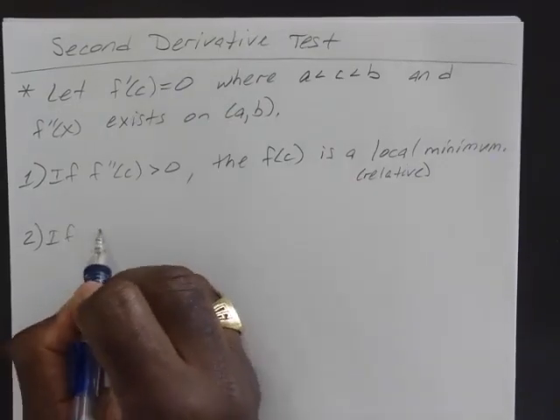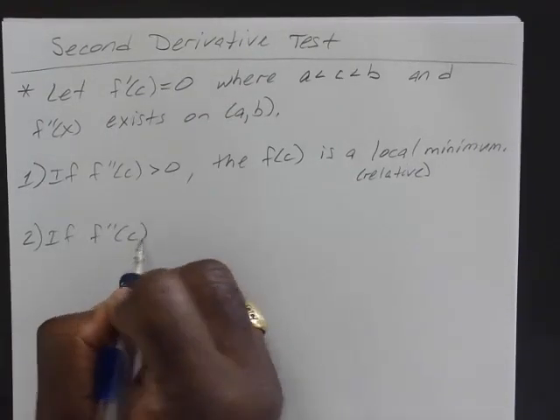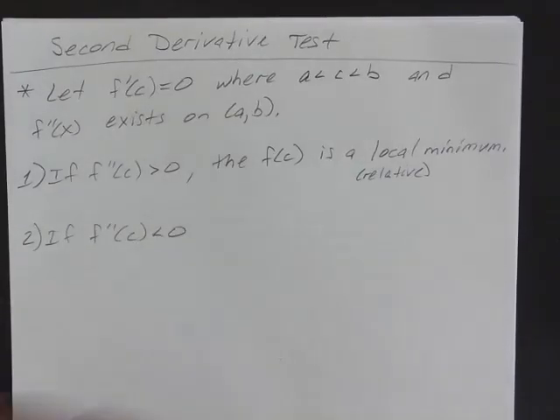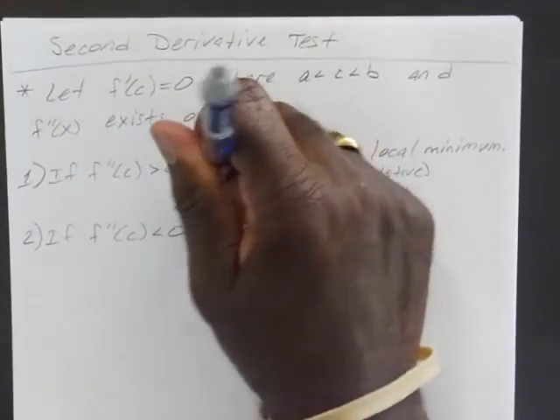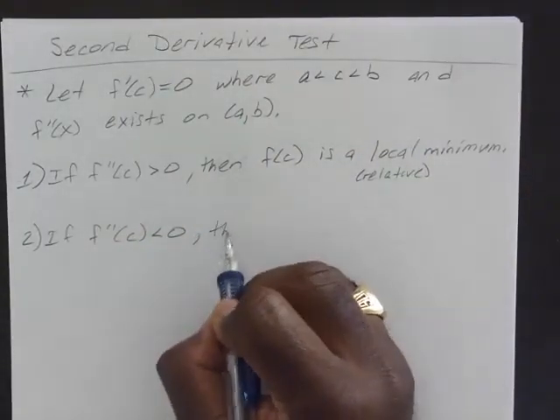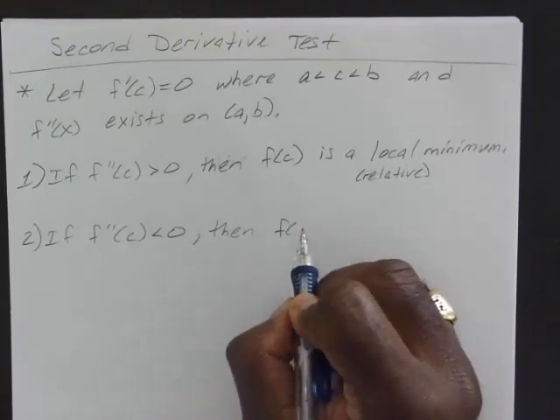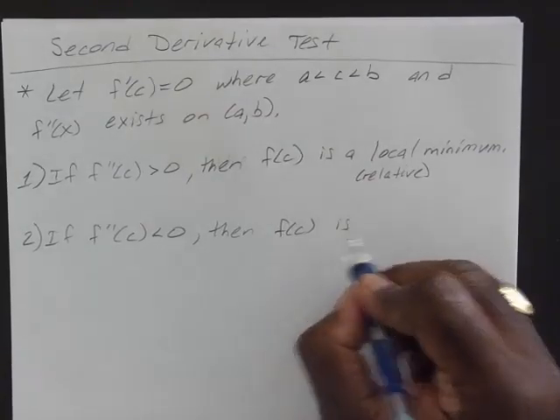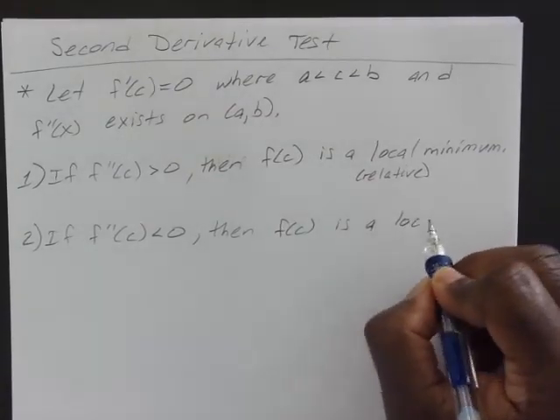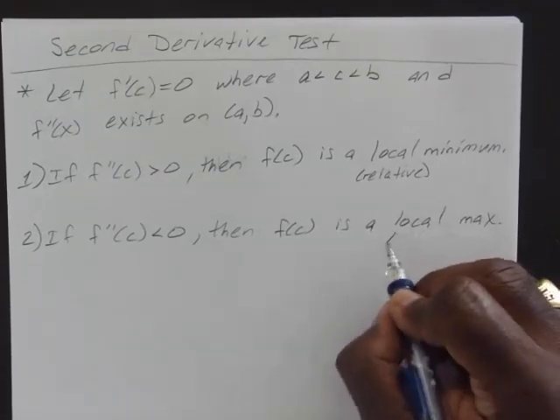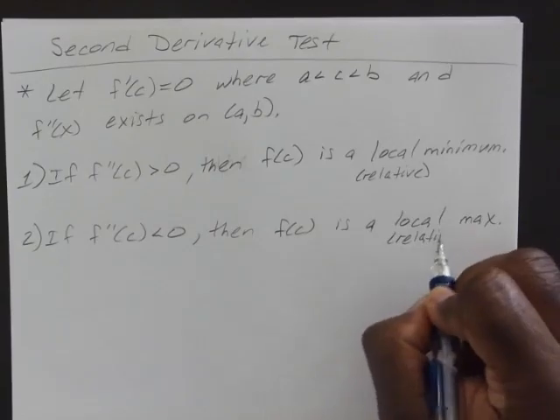But if the second derivative at that value c is negative, then we know that f of c is a local maximum. And again, it could be a relative maximum.